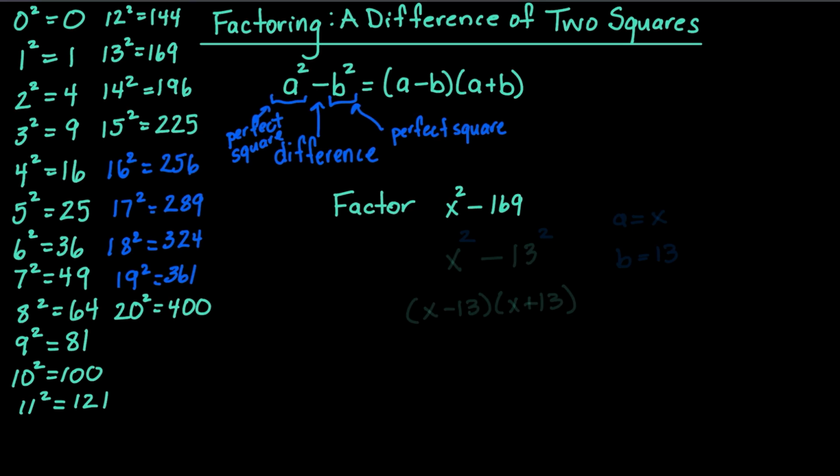I'm going to rewrite it as x squared minus 13 squared. So now I know A is x and B is 13. So x squared minus 169 factors into x minus 13 times x plus 13.